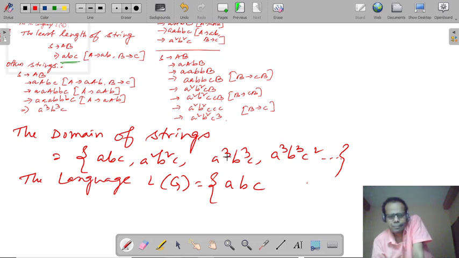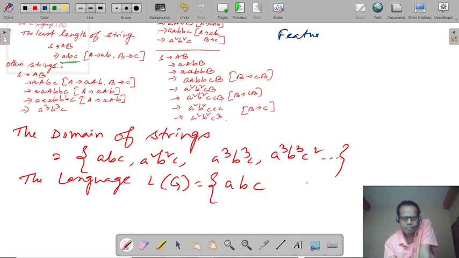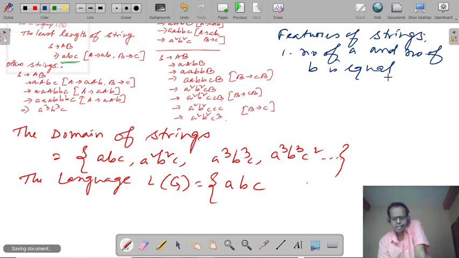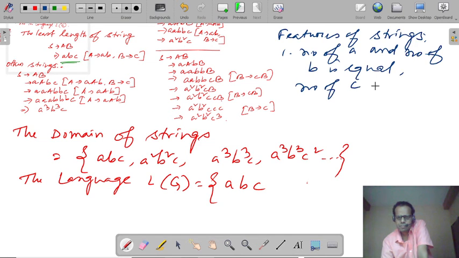So here the feature of the string is that the number of A and number of B are equal, and the number of C may be different.